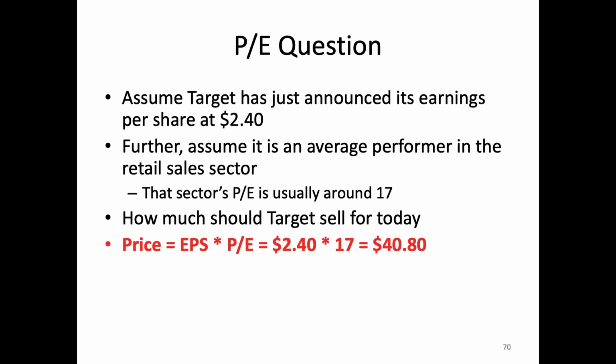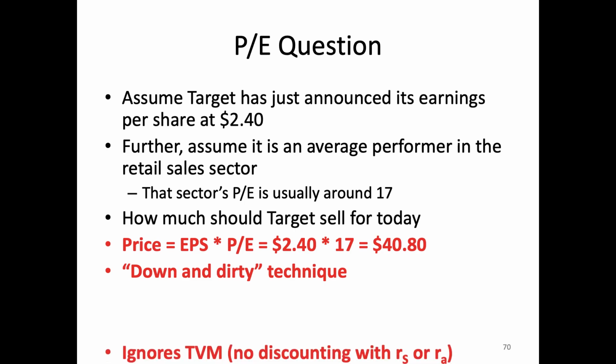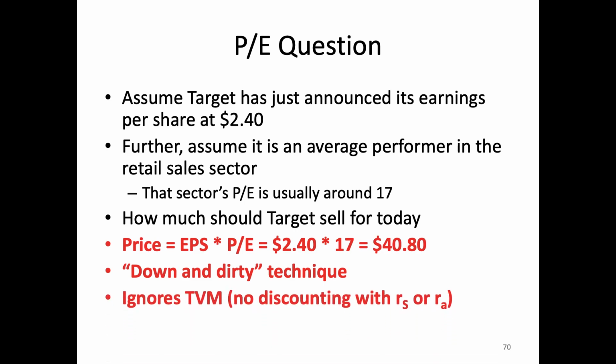And you multiply the two numbers together, and that's an estimate of stock price. So this is one of those easy exam questions where you're given two numbers, you multiply them together, you get the estimate of the stock price, and you move on. So it's like a down and dirty technique. It ignores TVM. There's no time value of money discounting or anything like that.